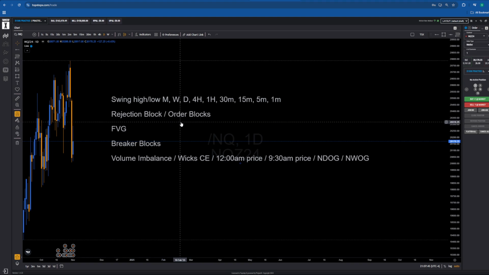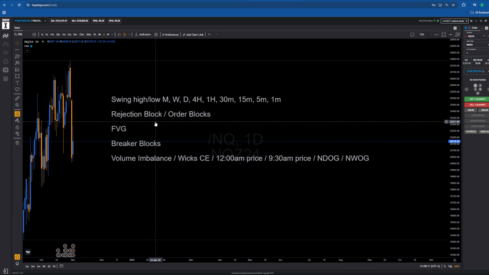The other thing we try to look at is the rejection block or the order blocks. If a rejection block is forming, then I try to mark those, and if an order block is there, I tend to mark those as well.